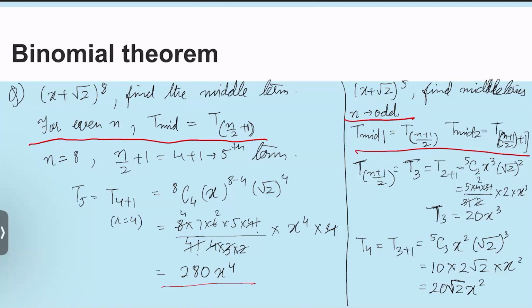Hopefully the solved examples will give you more insight into how you can solve binomial expansion questions. Keep in mind the formulae that are used, and also some easy tips and tricks that you can use to solve such questions. So thank you for joining this class.